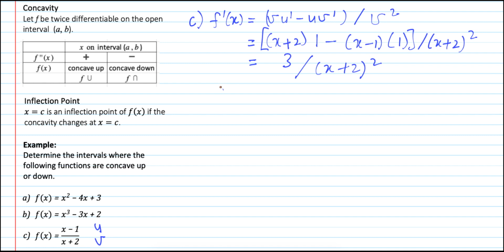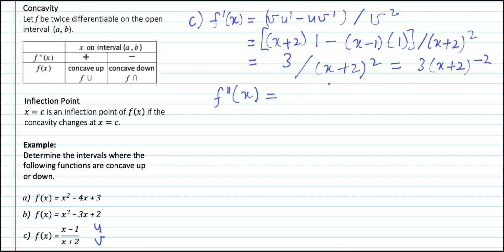Next, we need to find the second derivative. f double prime of x is equal to, in order for us to find the second derivative, it is easier if we put this as 3 times (x plus 2) to the power minus 2.